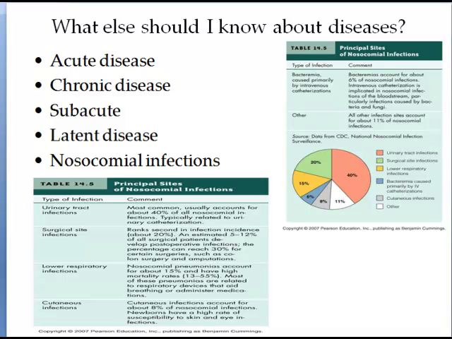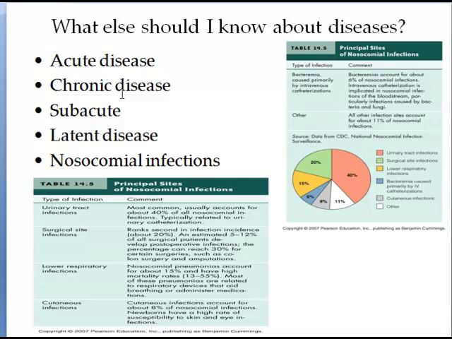A chronic disease, on the other hand, is one that develops very slowly, and the body's reaction may be less severe, but the disease is likely to continue for a longer period. For example, infections with mono, tuberculosis, or hepatitis B fall into this category.